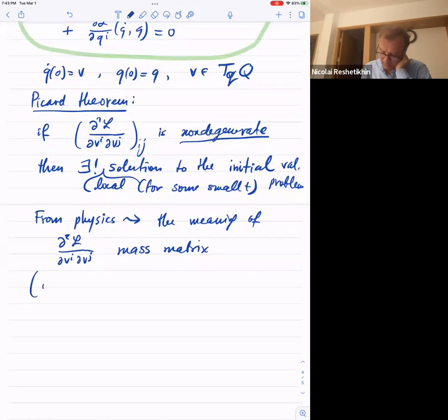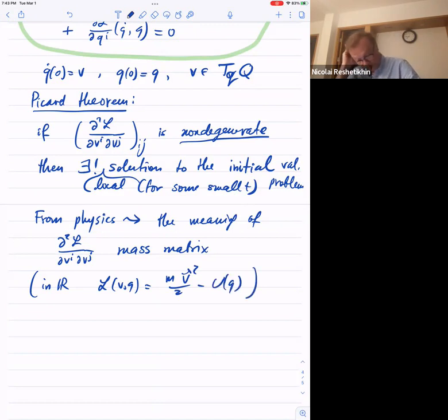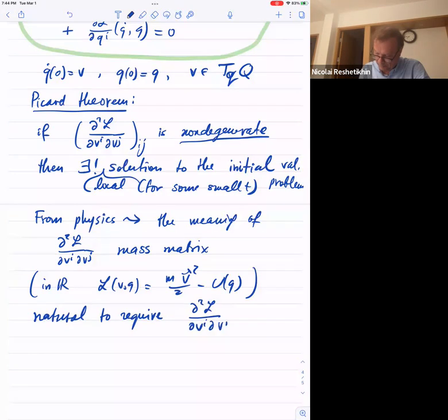So in R3, remember that the natural Lagrangian is mass times v squared over 2 minus the potential force. So it's natural to require, and this is what usually is required, that this matrix is positive definite.